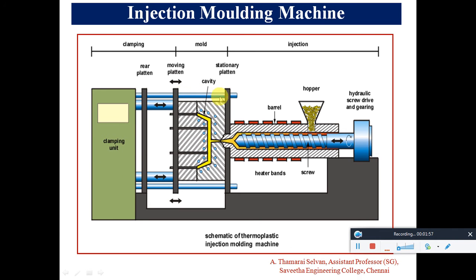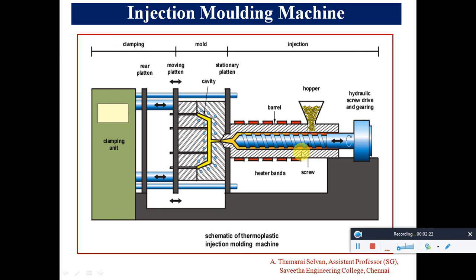And the second one is the mold, where we have a die which replicates the shape and size of the product that we require. Suppose this is the shape of the product that we need. So the die will have a cavity like this. In the third stage we have an injection system. This injection system has a barrel. Inside the barrel we have a screw.